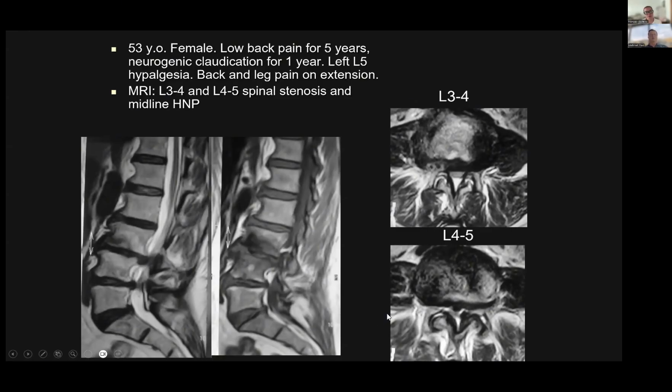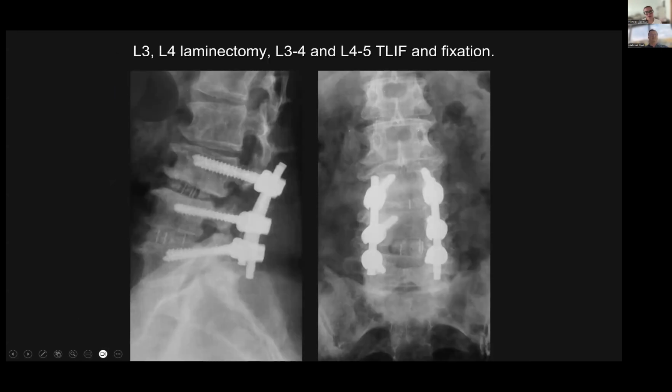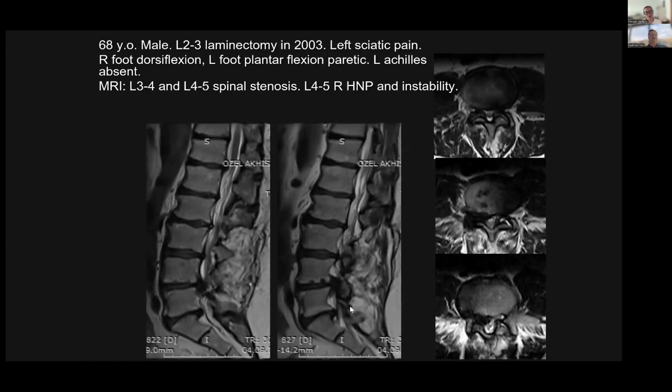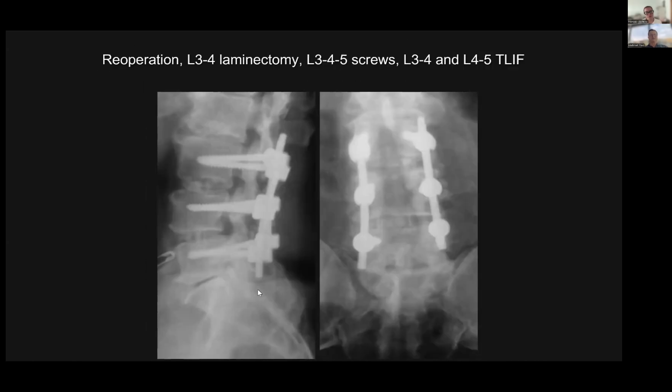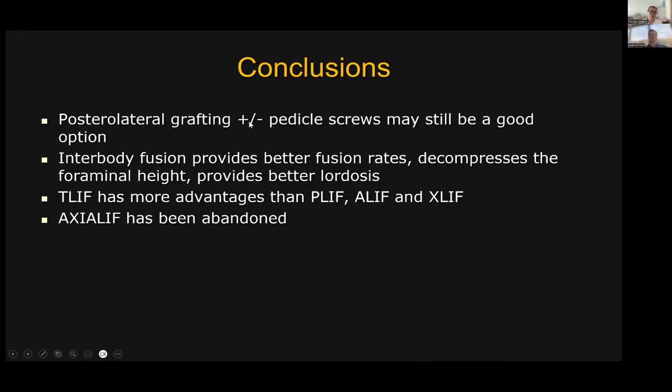This is a two-level problem, and we have done two-level fusion surgery with TLIF. This case had again two-level problems with two-level TLIF surgery. In conclusion, posterolateral grafting plus pedicle screws may still be a good option.